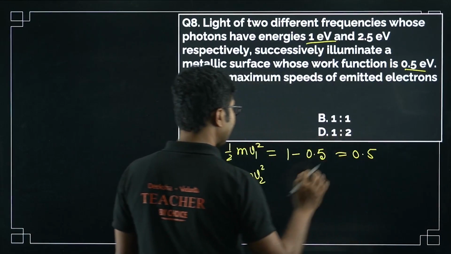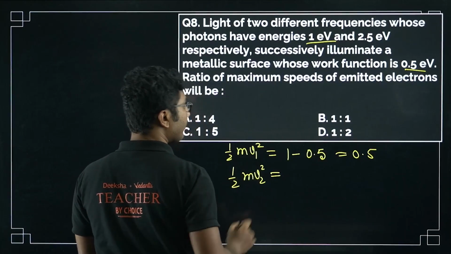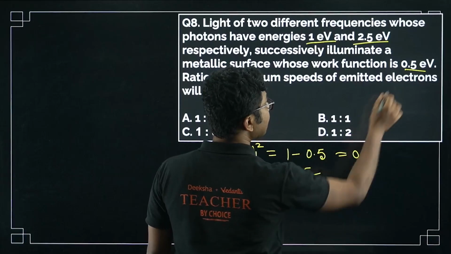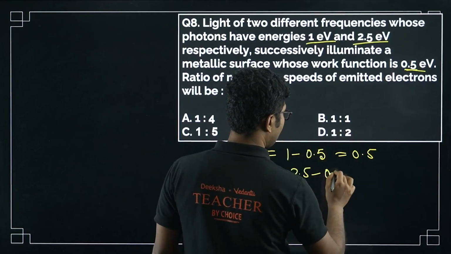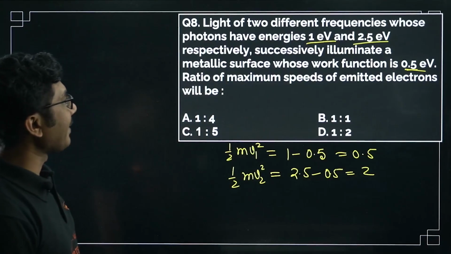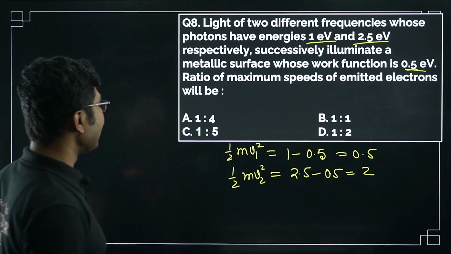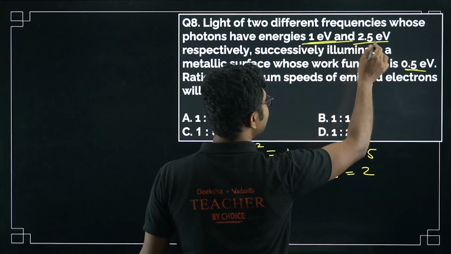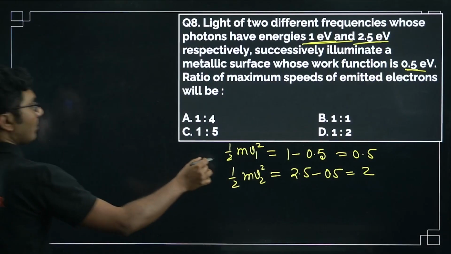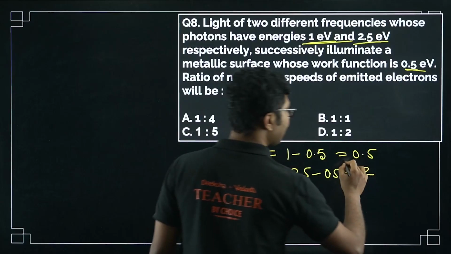Now you leave it here only. Half m V2 square is the energy of the photon minus the work function, which equals 2. Now you have to find the ratio of the maximum speed of the emitted electrons. First one is 1 eV, second one is 2.5 eV, so in that same order you have to find. Now we will just divide this.